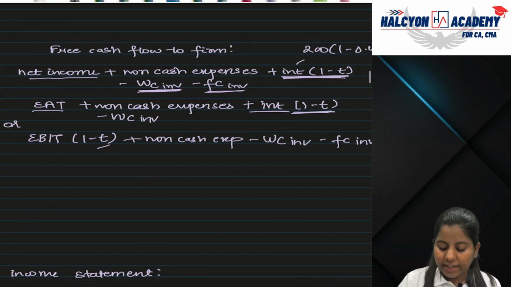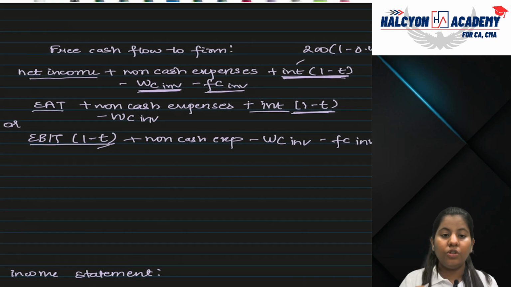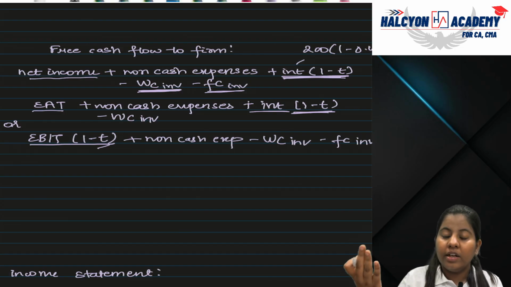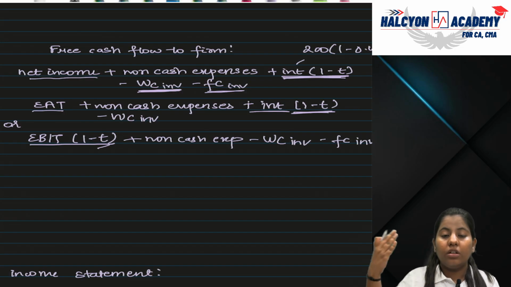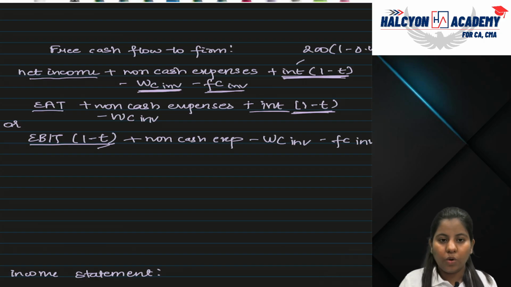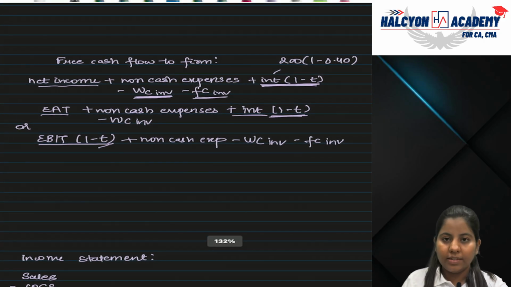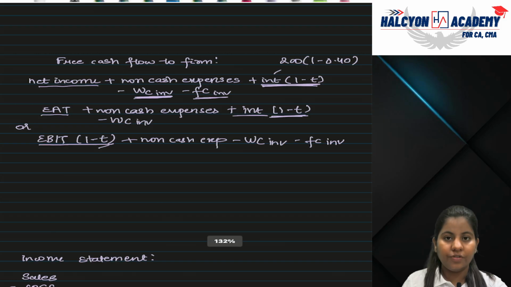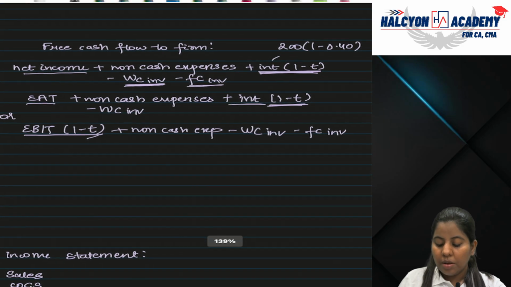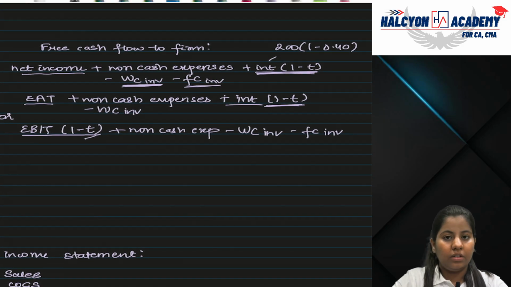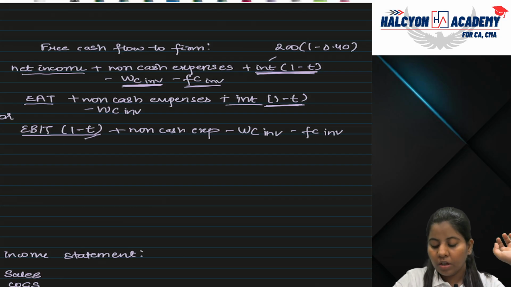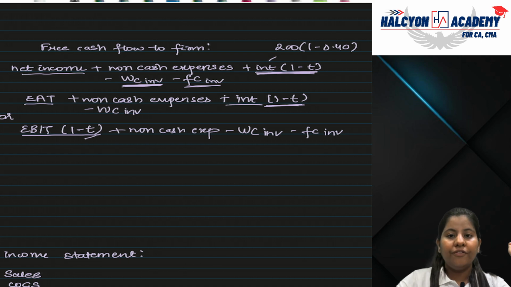To simplify the formula, we can write EBIT 1 minus T. That is EBIT net of tax, which is cash available for the equity shareholders and for the debt holders also. Plus non-cash expenses, we add it back. Minus working capital investment, that means change in working capital. Minus fixed capital investment.